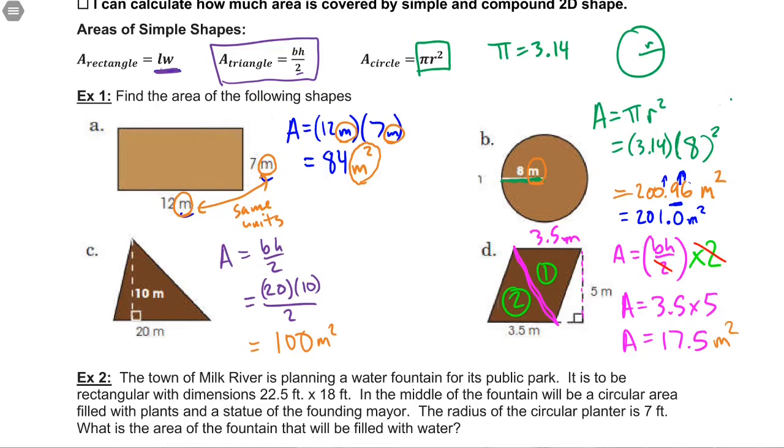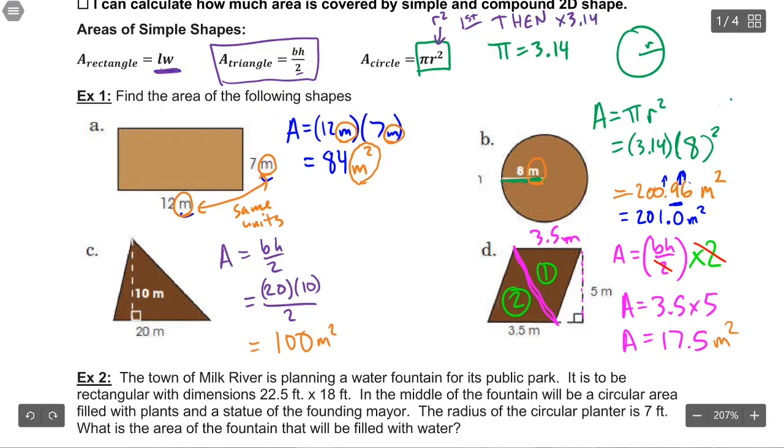One thing I realized I forgot to emphasize, in this one here in particular, according to order of operations, you need to do your radius squared first. Then multiply by 3.14. Right? And that's because of your order of operations, BEDMAS. So BEDMAS says that you do your exponents before you do your division and multiplication.